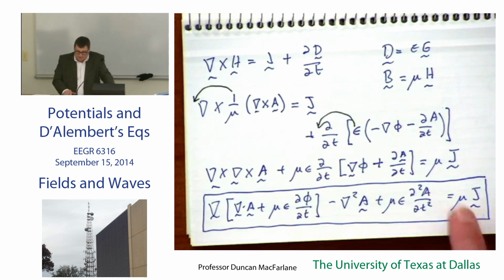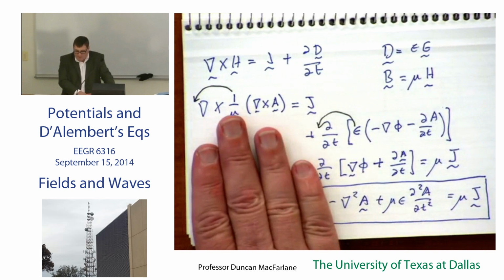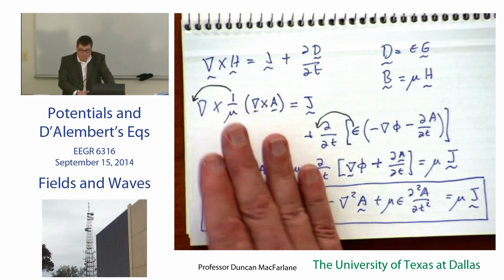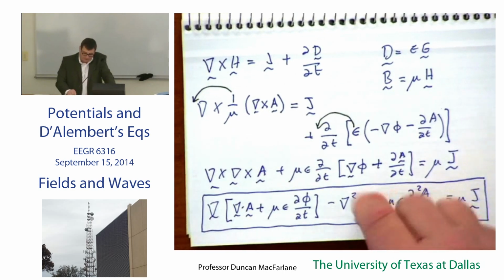So it seems like I have a forcing term in a wave equation that gives rise to the magnetic vector potential A. So that's pretty good. So far, I like this guy, I like this guy, I like this guy.